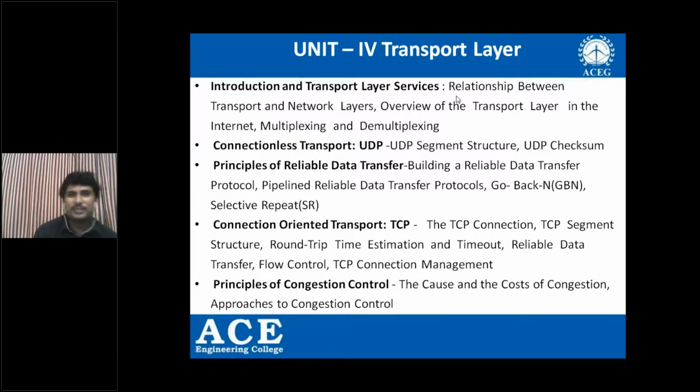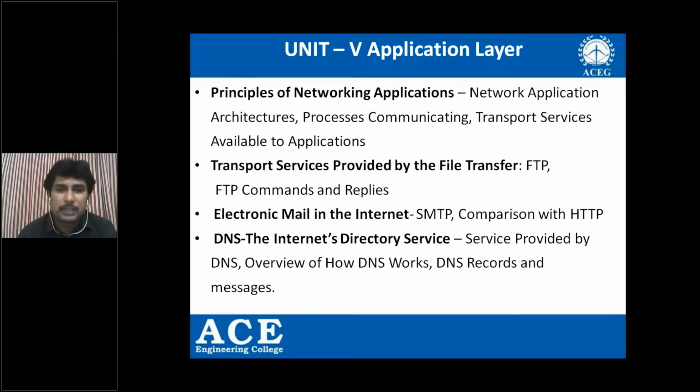The last unit of our syllabus is the application layer, and here we are going to discuss the different application protocols which we use in common life. As we discussed, the application layer is trying to get some services from the network layer and the transport layer.